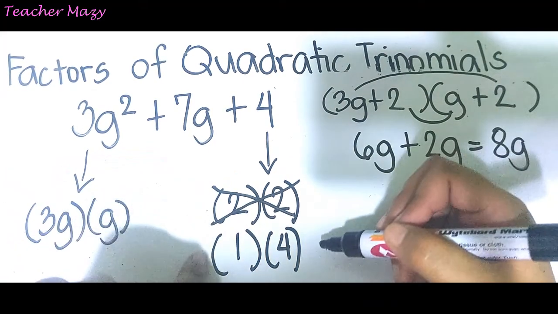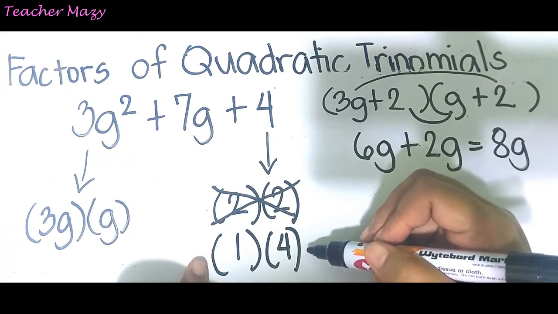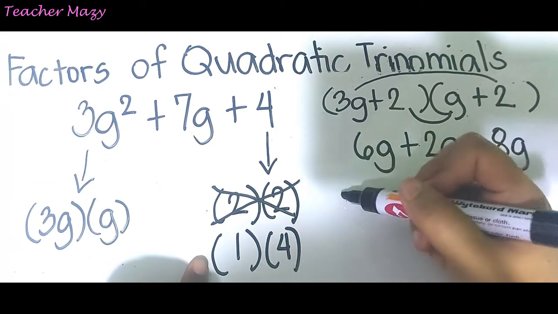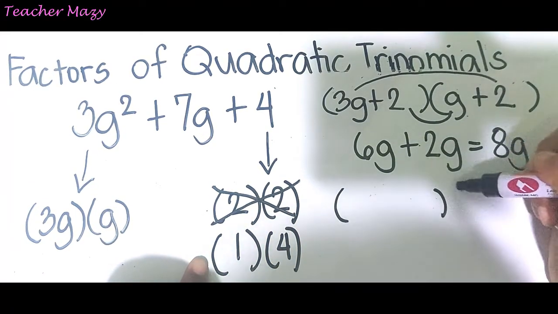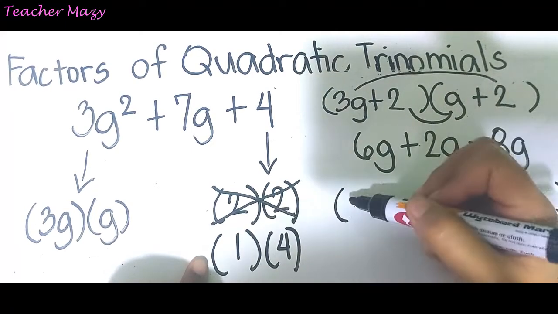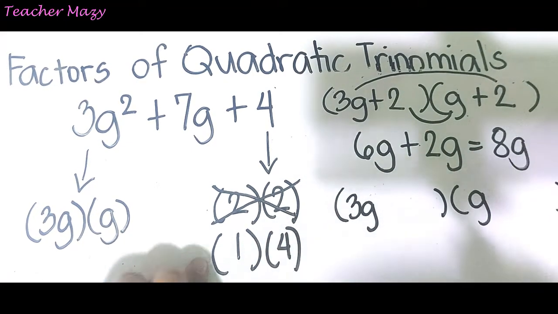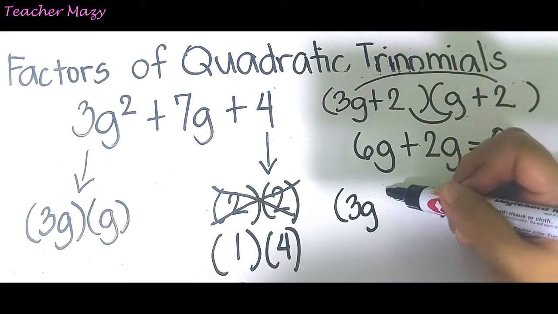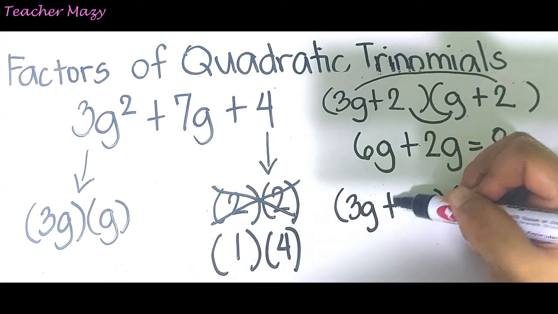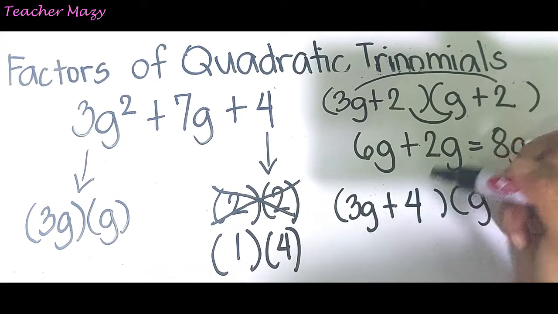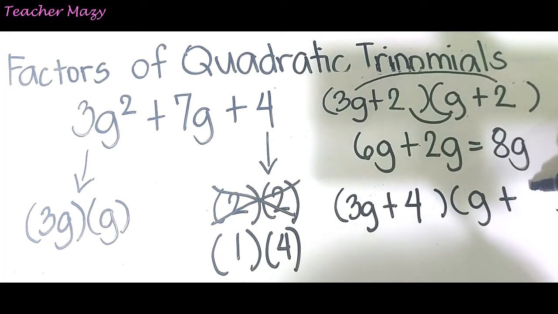Next, let's try positive 1 times positive 4. Let's distribute the factors: 3g and g, and positive 4 and positive 1.